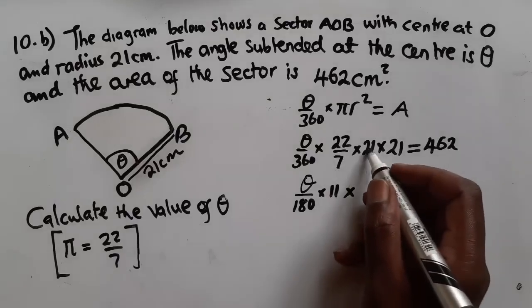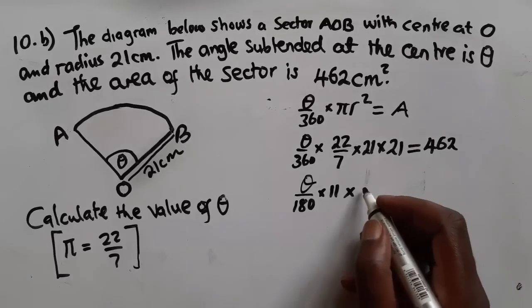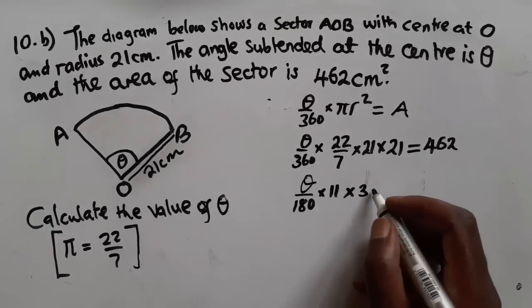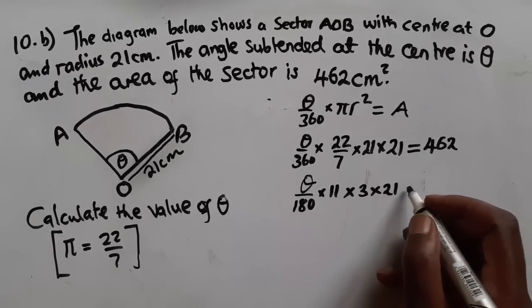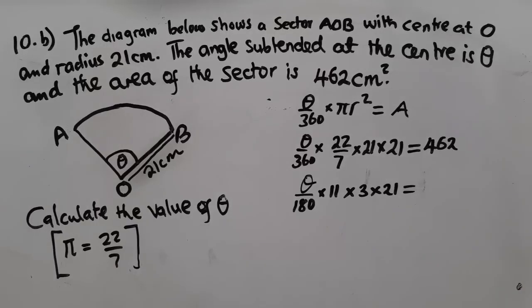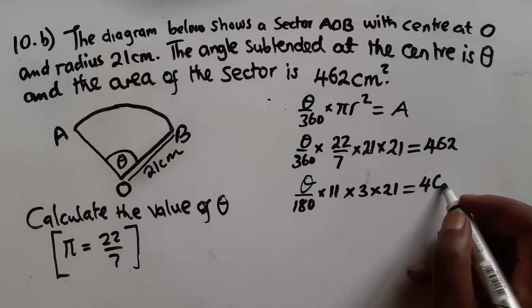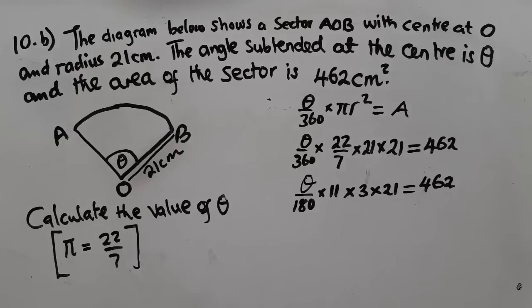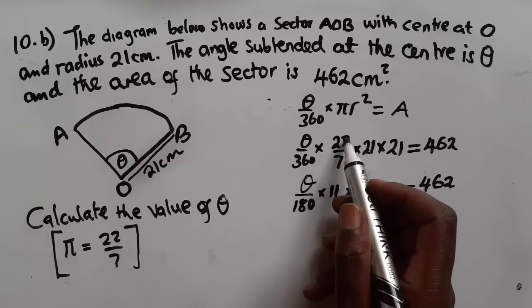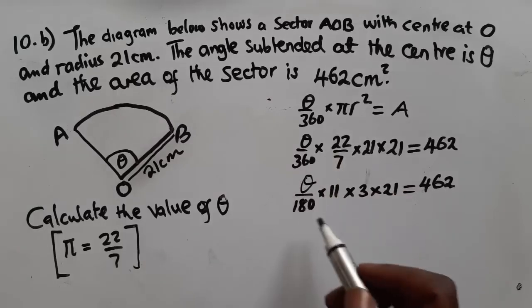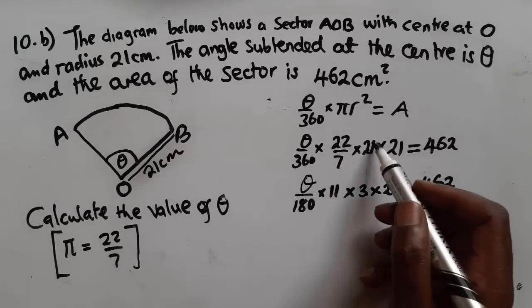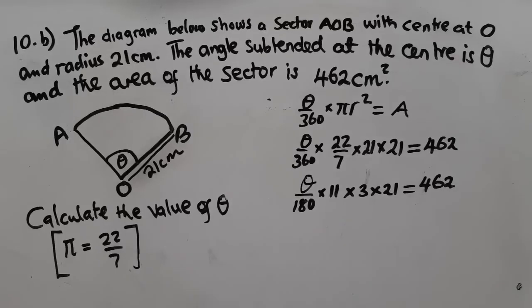Then 7 into 21, this is going to be 3, and 3 multiplied by 21 is what do we get? 462. I hope this is very clear, ladies and gentlemen. So we simplified: 11, 1, 180, 7 here, 1, 7 here, 3. That is where we are now.